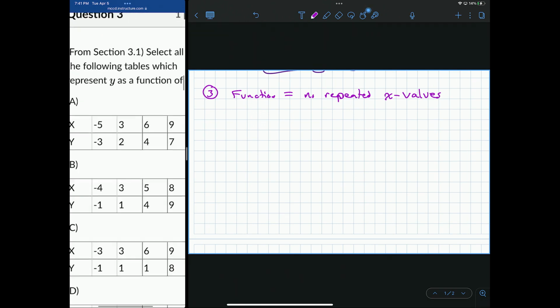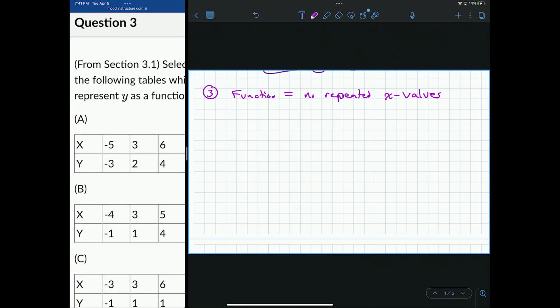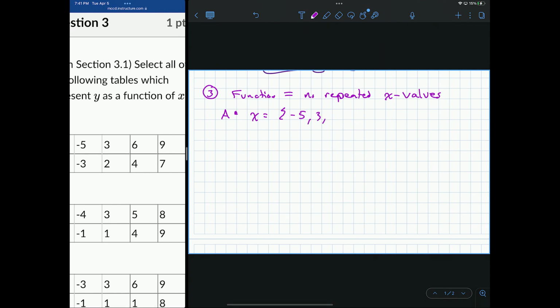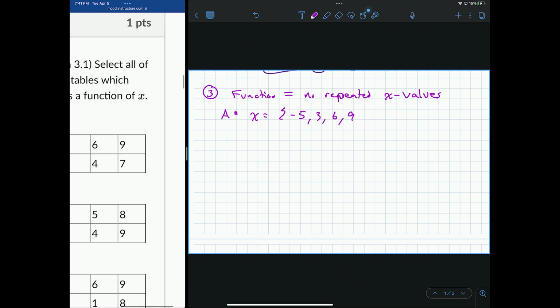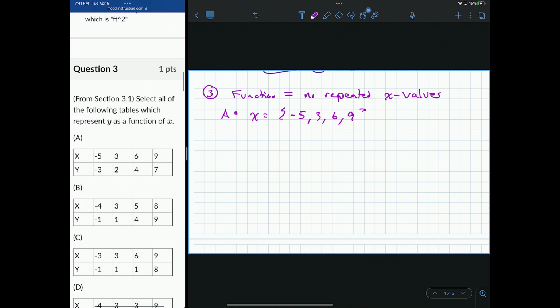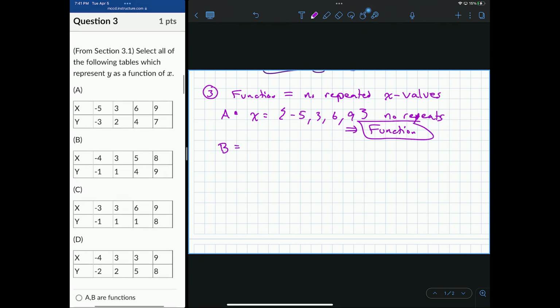So if we look at A first, the x values are -5, 3, 6, 9, and that's it. No repeats, right? That implies it is a function. If you do the same for the others, I don't want to write all the x values down, but if we look at B, the x values are -4, 3, 5, 8.